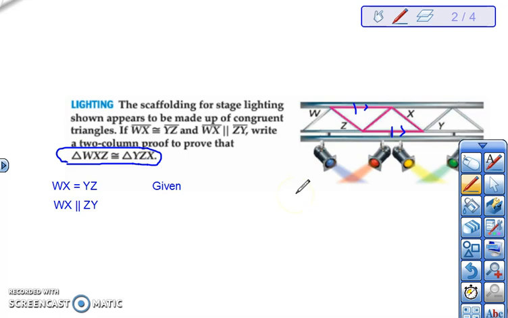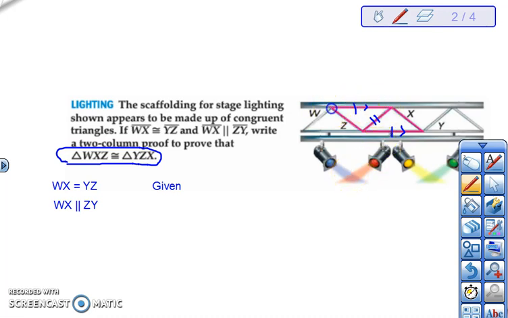Remember, we either need to know that all three sets of sides match, or we need to know that an angle between two sides matches. I look at it, we've got one set of matching sides already. Notice that XZ is in both triangles. So we've got a second matching side right there. Now we need either to get an angle that matches, or we need to prove that the third side of the triangle matches the third side of the other triangle.